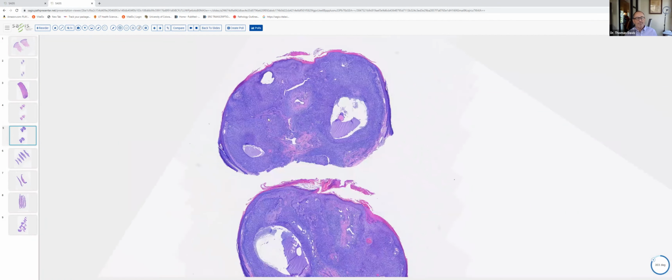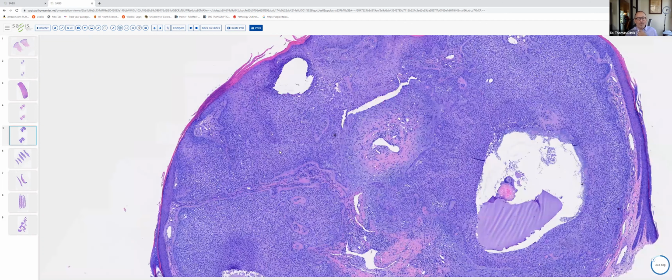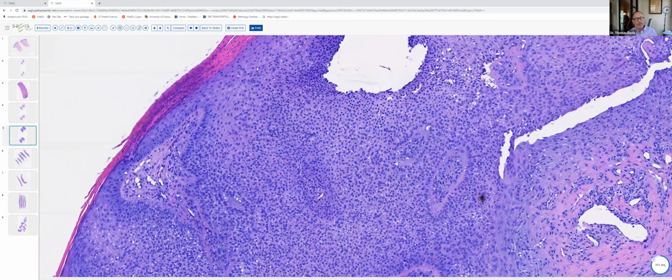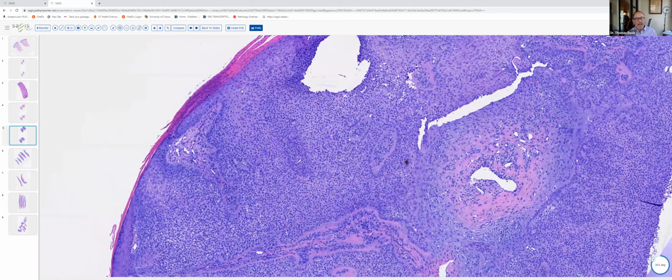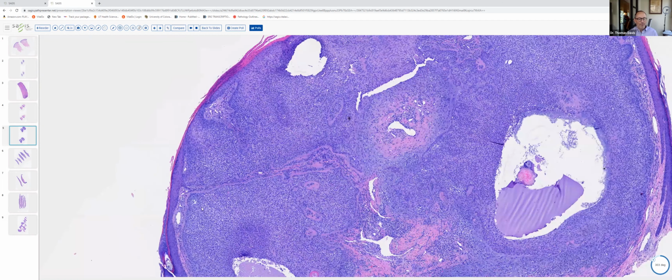We can see in this particular instance that rather than dealing with a mesenchymal tumor, we're dealing with an epithelial tumor. This particular neoplasm does show attachment to the overlying epidermis, and then emanating from the undersurface of the epidermis and extending down into the dermis, we've got these smooth lobules of epithelial cells.